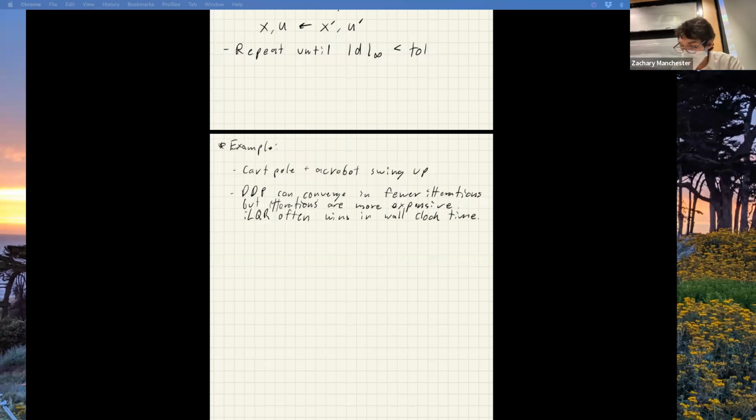Cool. And then the other note that we just saw was that in general, these problems are non-convex. So there are multiple local optima that you can end up in. And it's just something to be aware of.